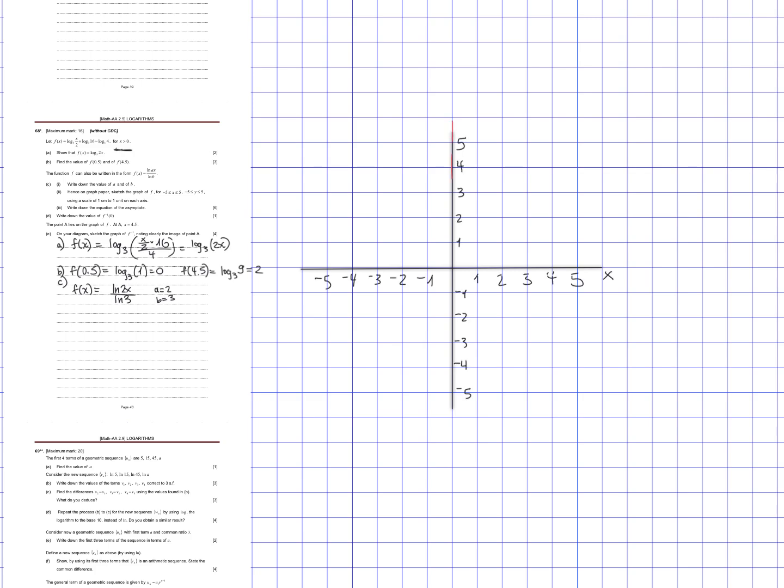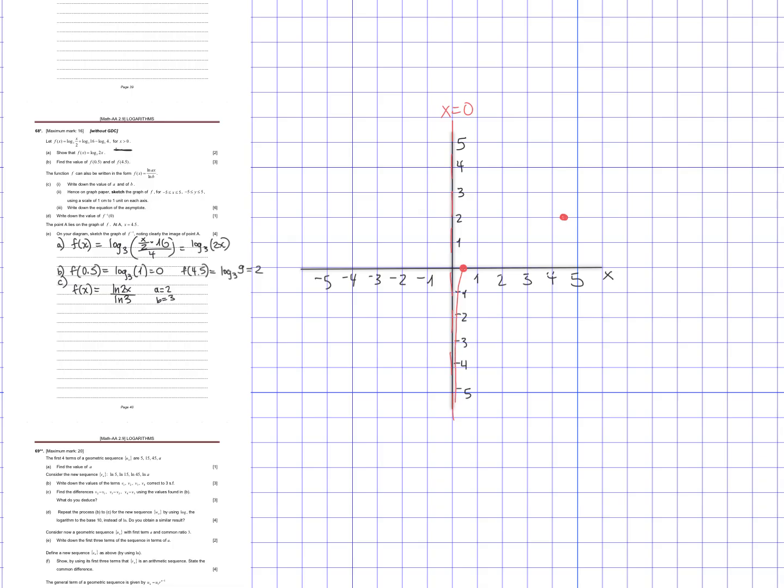So this is our asymptote on the y-axis. Then we have at 1/2, it's 0. And at 4.5, it's 2. And that's that. So we just need to draw it approaching that asymptote.